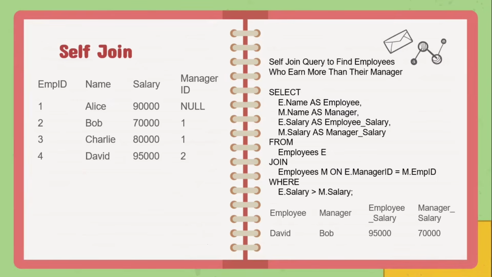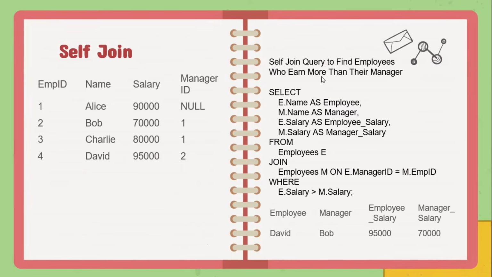So we will virtually consider that we have the employee table with a copy of another employee table. Suppose we have two same tables there and we have to join it with itself. Join that particular employee table with a copy of that employee table.